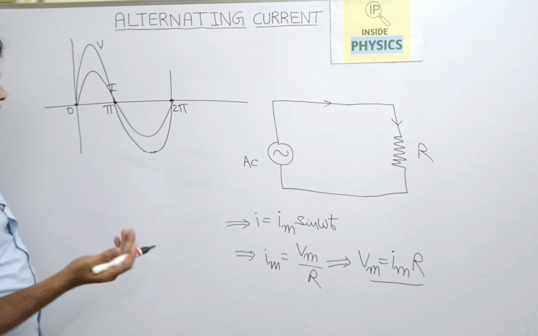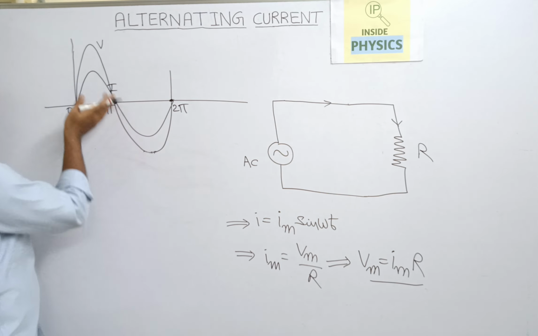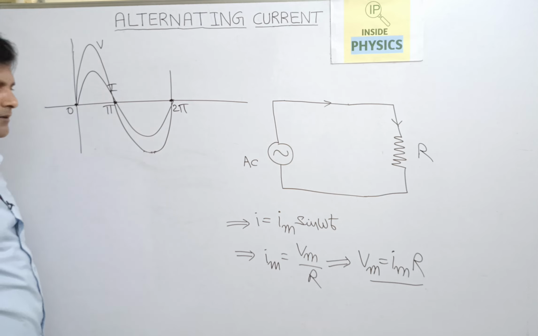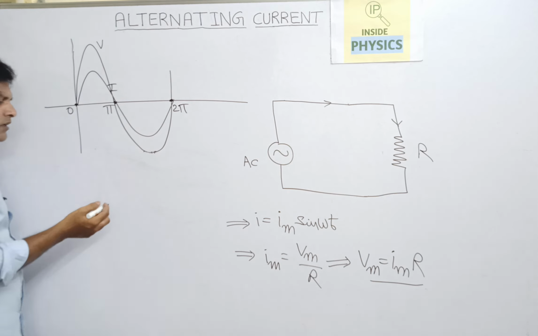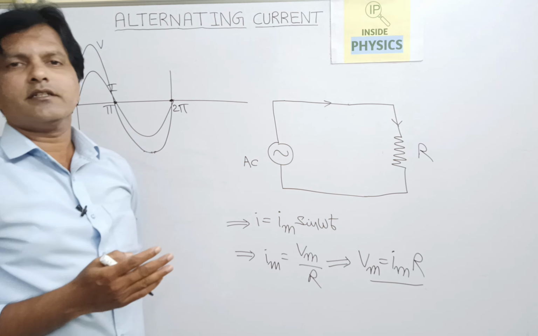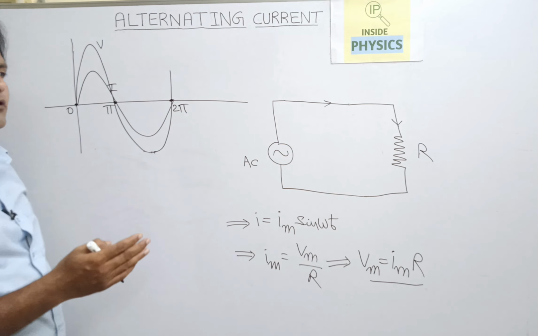The average value of the current is 0 because they have the same values on either side, positive side and negative side.